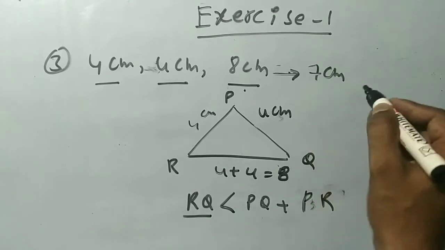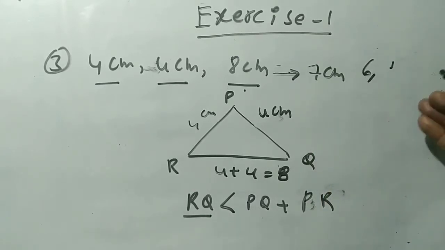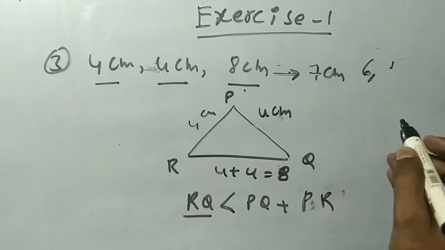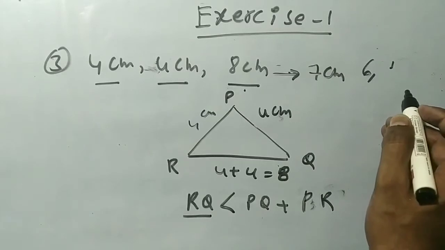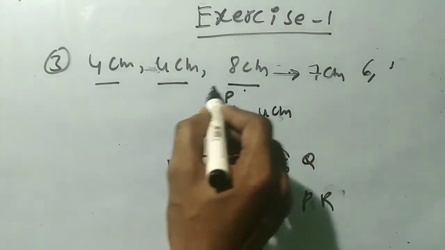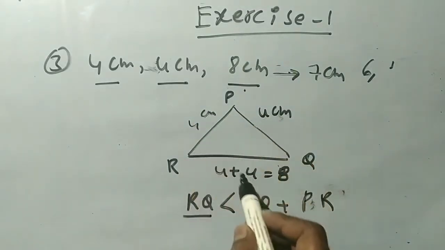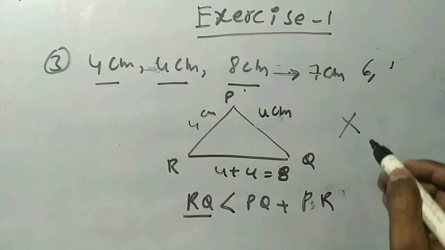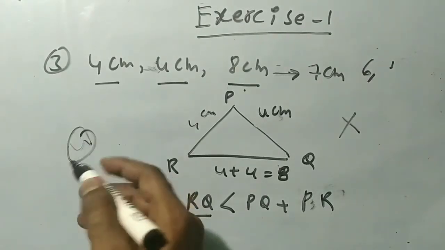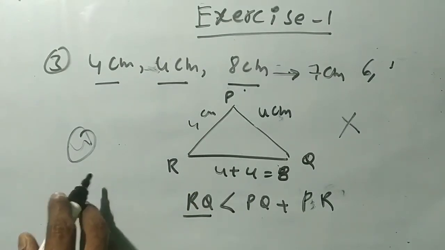If it is 6 centimeters, we can make a triangle. 5, 4, 3, 2, 1, but not less than 4, and not greater than 8 or equal to 8. The third side should be less than the sum of the 2 sides. So it is not possible to make a triangle. And the fourth one is similar to the first one, so you can do it.